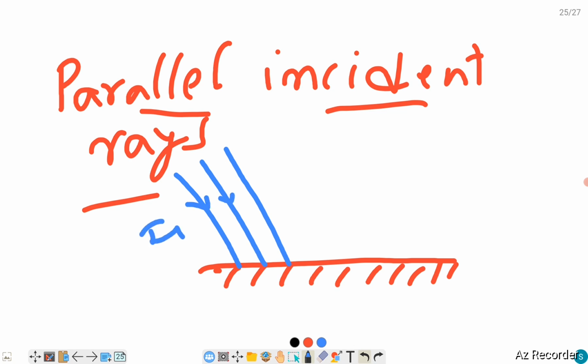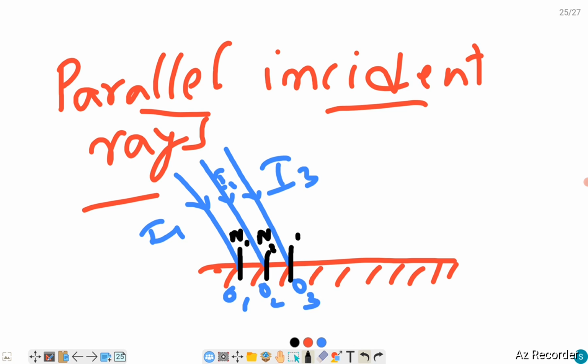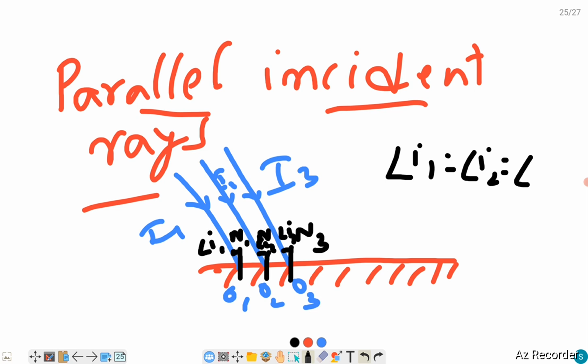I1, I2 and I3 are the three rays and O1, O2, O3 are the points of incidence. Then you have N1, N2, N3 as the normals. When there is a parallel beam, the angle of incidence for all three rays will be equal. Am I correct? Now, when you take angle I1, angle I2 and angle I3, they will be equal. Understood?